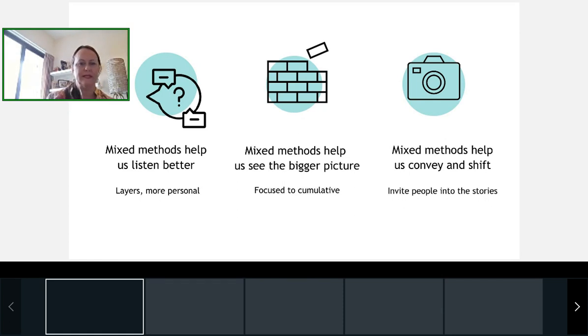And the third one is the type of artifacts and the type of material that we can gather from some of the mixed methods we use. They really help us to be better at conveying the customer story, at conveying the narrative, and getting the people that we want to influence more engaged and more committed to making change. It's more invitational.